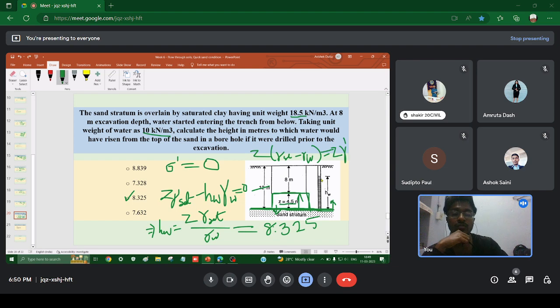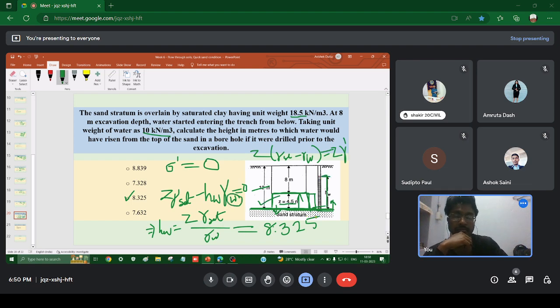So if I use gamma submerged over here, that won't be happening, because gamma submerged cannot be used with Z, because the seepage pressure is being exerted up to a height HW, and because we are considering HW along with this Z, hence for this portion we are taking only gamma sat, and for the entire portion we are taking gamma W.